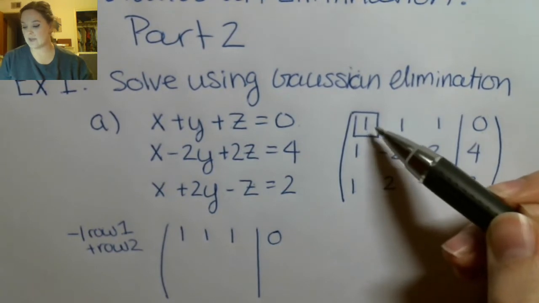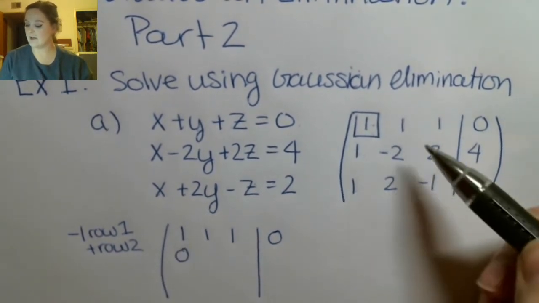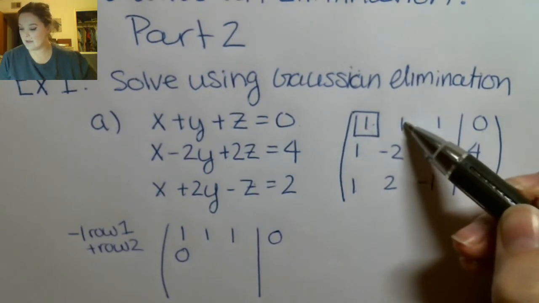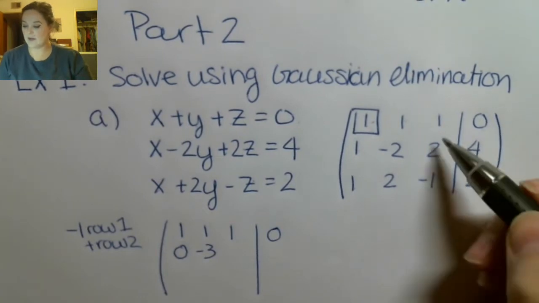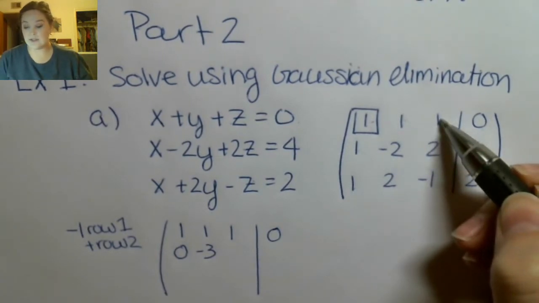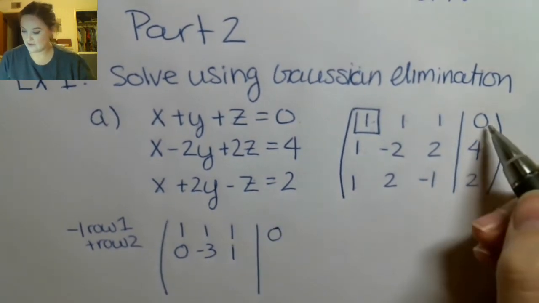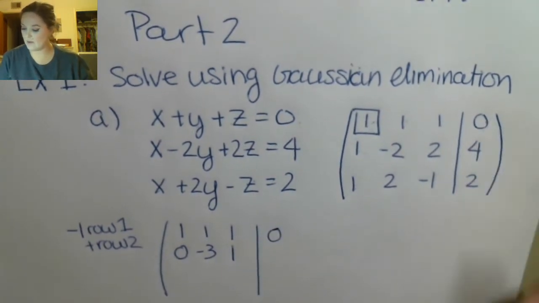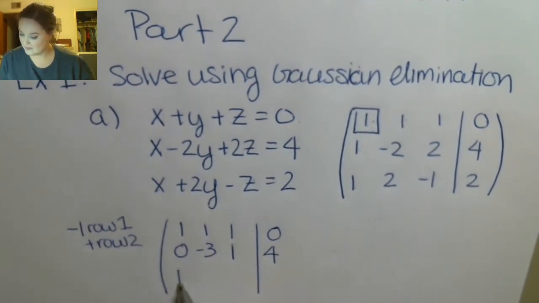So -1 times 1 is -1, plus 1 is 0, and that's what we wanted. -1 times 1 is -1, plus -2 is -3. -1 times 1 is -1, plus 2 is 1. 0 times -1 is 0, plus 4 is 4. And then I'm not changing my last row.